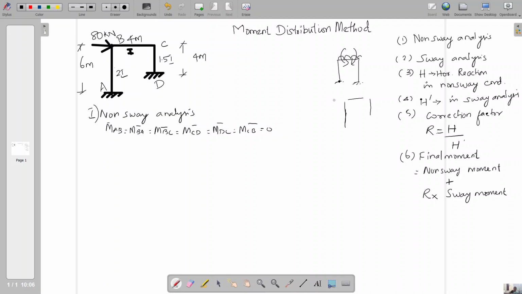The load is acting on the joint. So we can't calculate the fixed end moment for the non-sway analysis because there is no formula for the fixed end moment calculation when the load is applied at the joint.